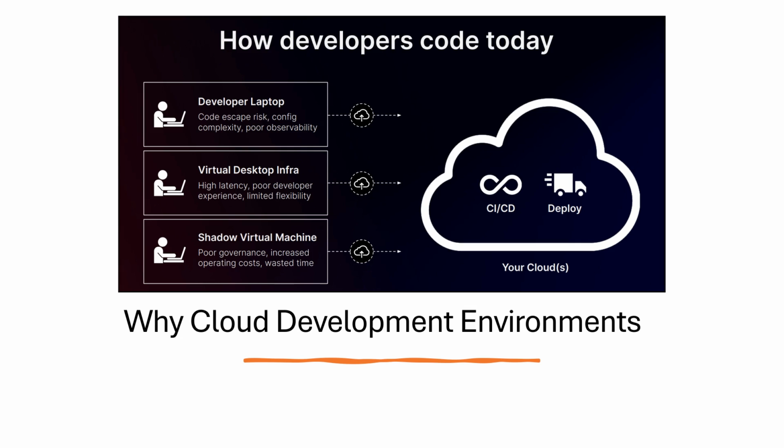What's interesting, though, is that we have CI/CD pipelines and deployments that run inside of clouds, whether they're public clouds, hybrid, or your own private cloud. So why not take that development workspace and put it in the cloud as well?